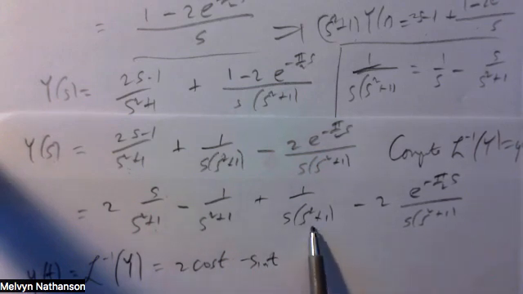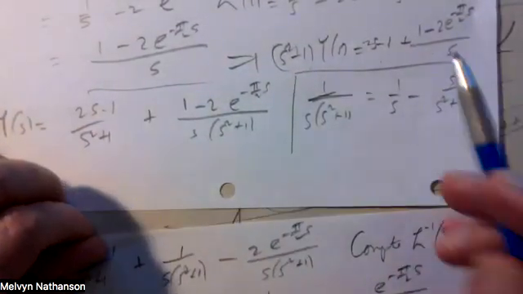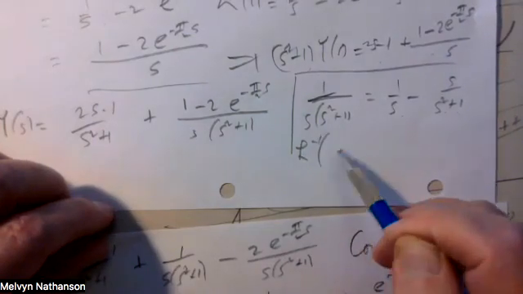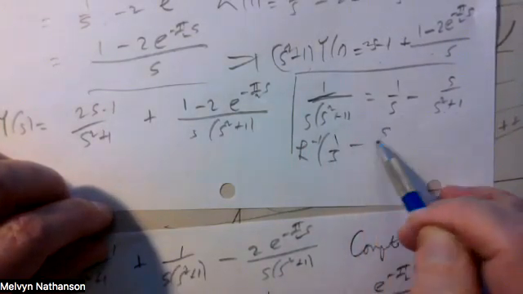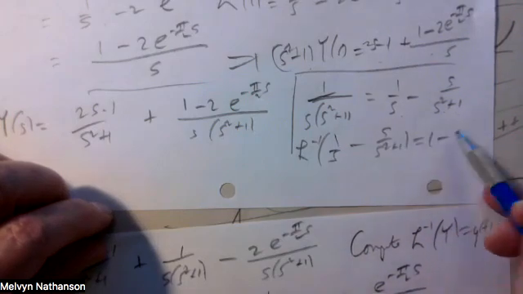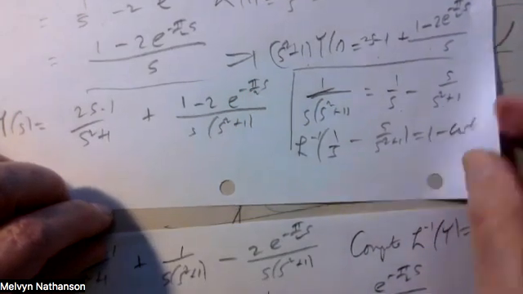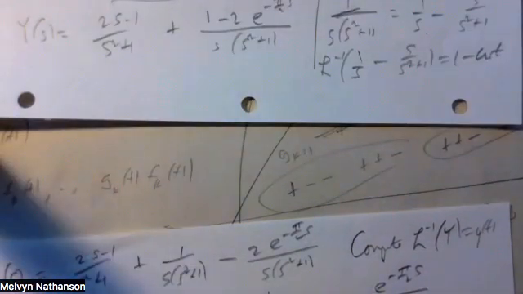For 1 over s times s squared plus 1, when I wrote that as partial fractions, I got 1 over s minus s over s squared plus 1. The inverse Laplace transform of that is 1 minus cosine t. So this is plus 1 minus cosine t.